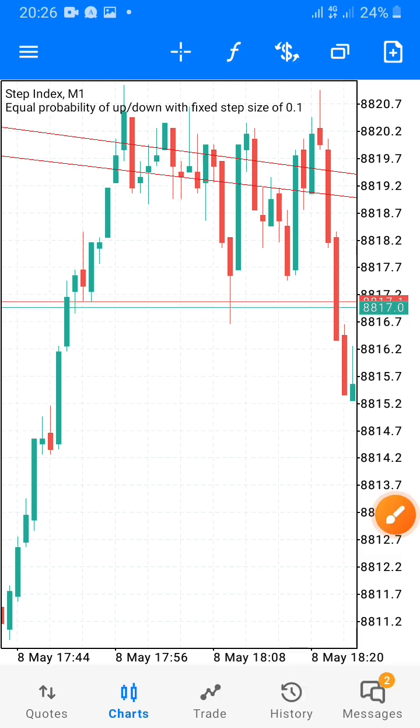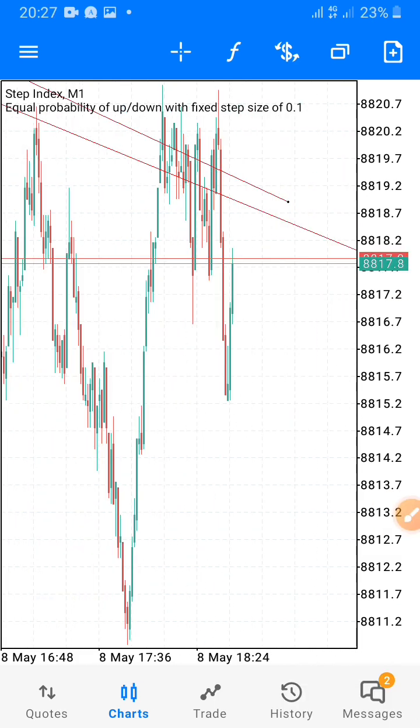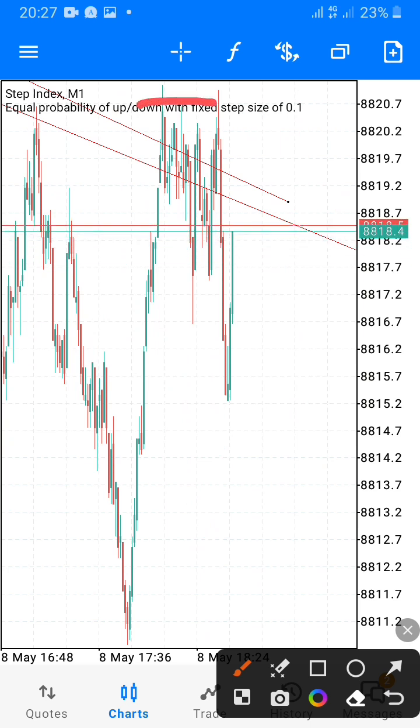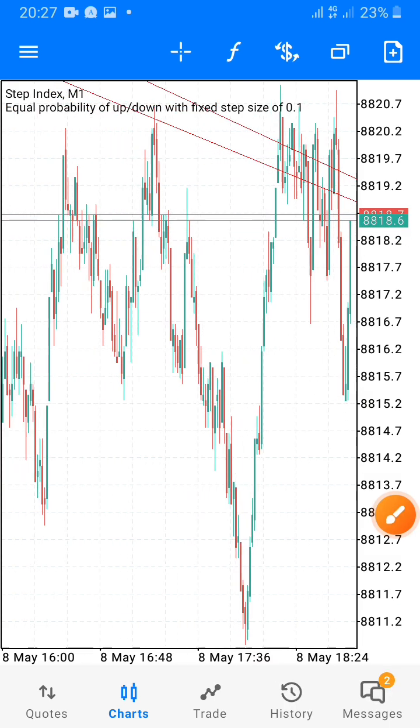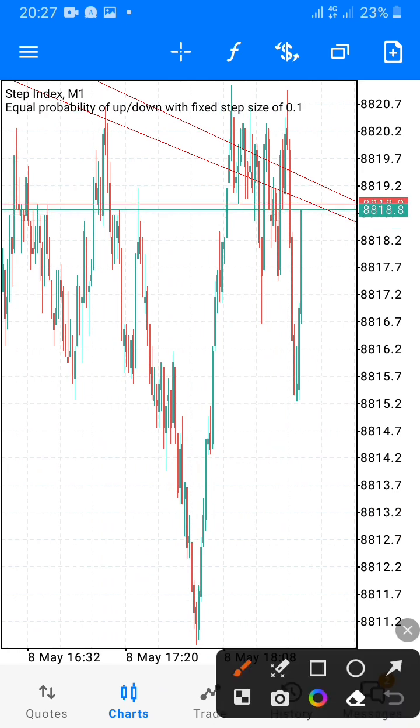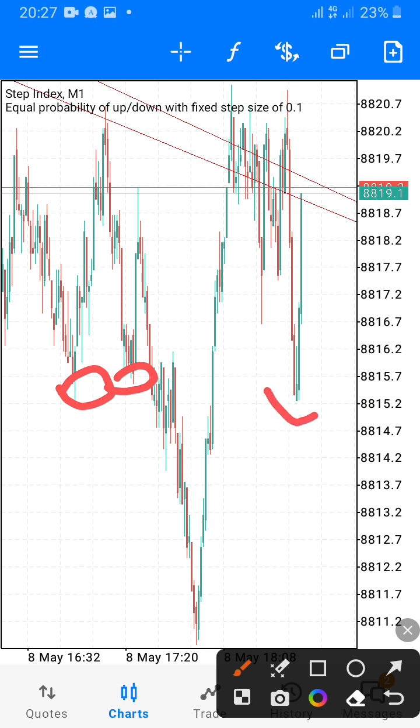My stop loss was just above this high there, and it was never reached, so I took my take profit right here. You know why I took my take profit here? Because of this support, exactly where the market has ended, and now the market is going up.